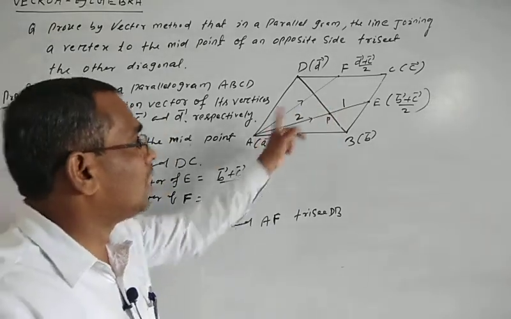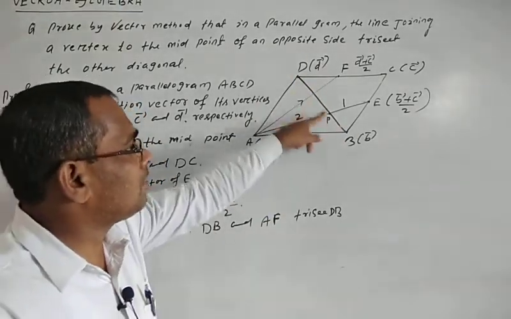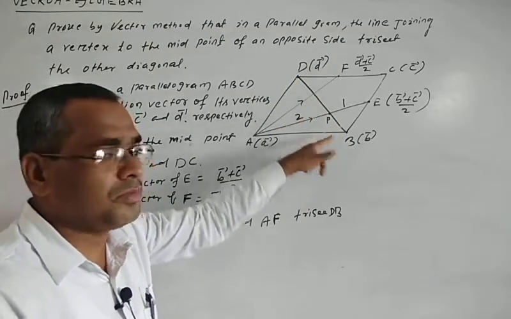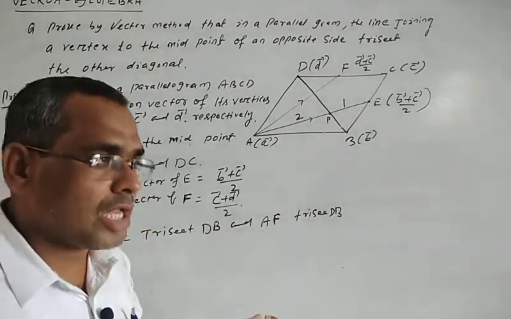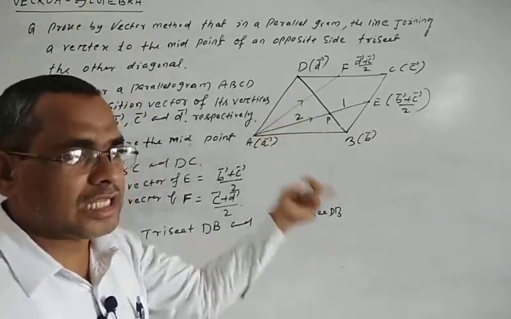Actually, to prove AE trisects DB, it is enough to show D, P, B are collinear, that means P lies on DB. So we prove DPB are collinear, which means AE trisects DB.